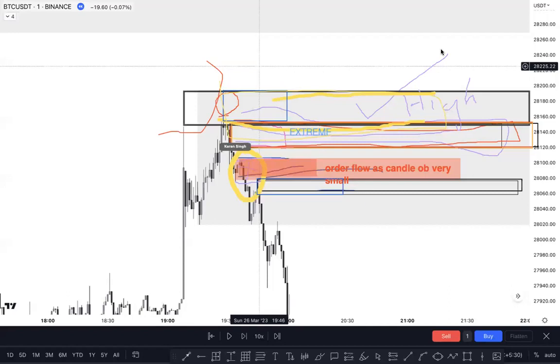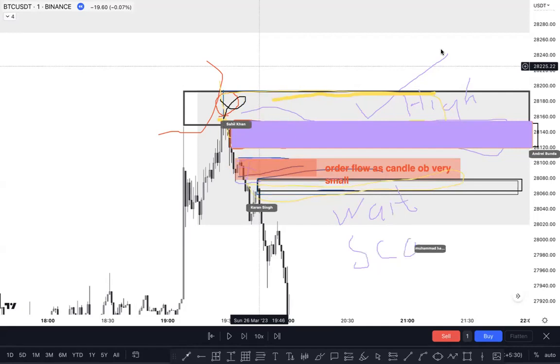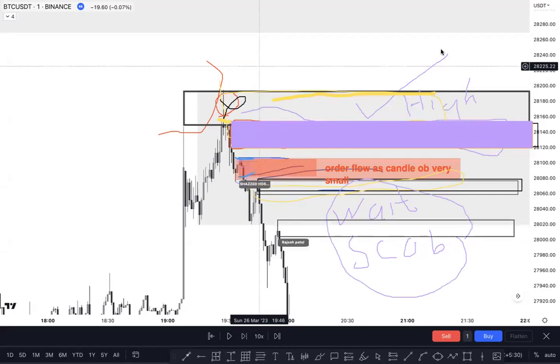Look, as I mentioned in part 16 and 17, when you have multiple order blocks, right? When you see multiple order blocks, then you have to wait for a reaction, right? And the extreme is always high probability, and below the extreme it is like 50% probability, right? Because you have no idea where the market is going.